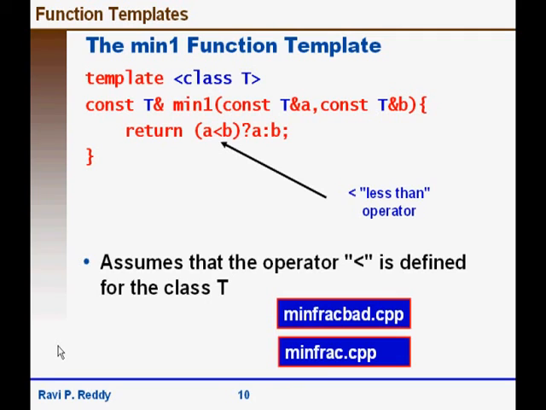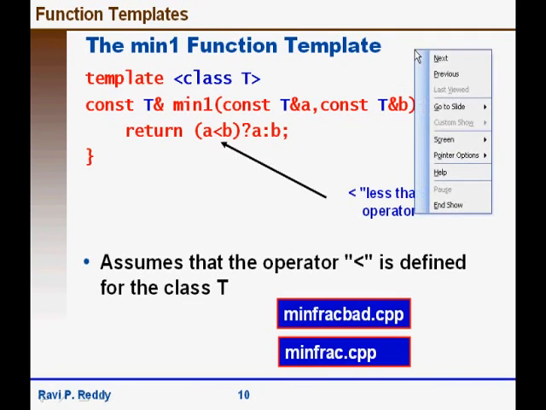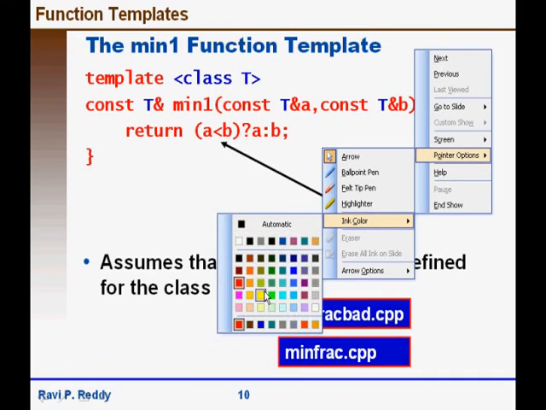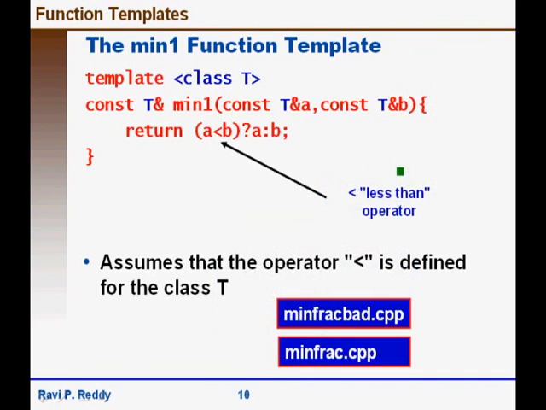Let's look at the min1 function template. Here's the min1 function template. It takes two arguments a and b, and here's the code. Whatever the type of the objects a and b, we are doing an operation a less than b.